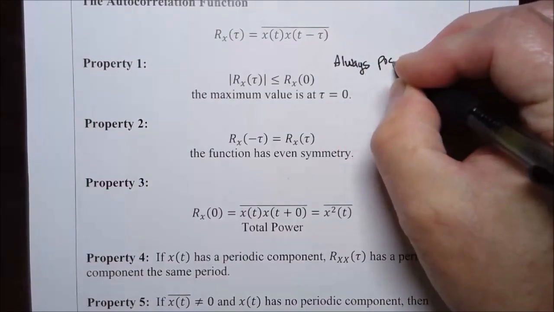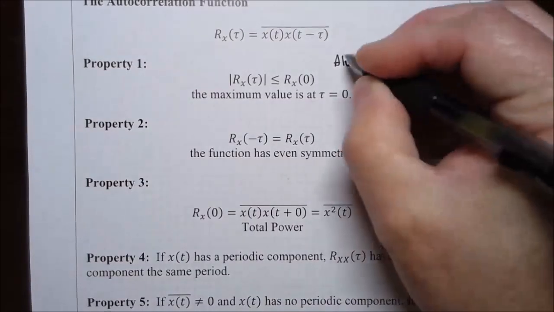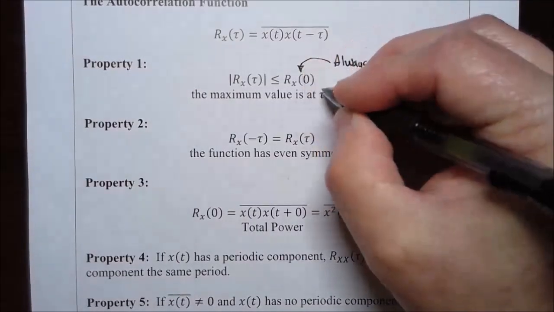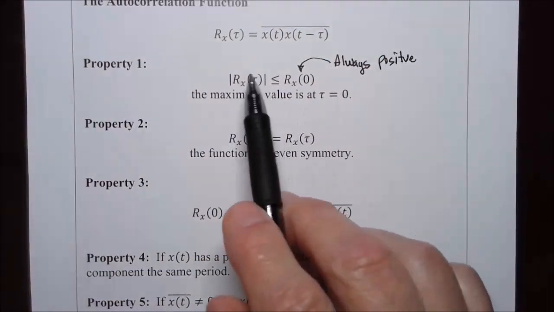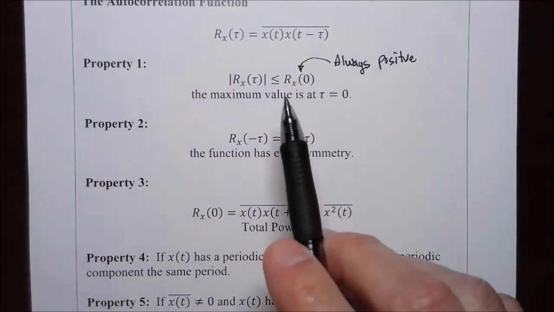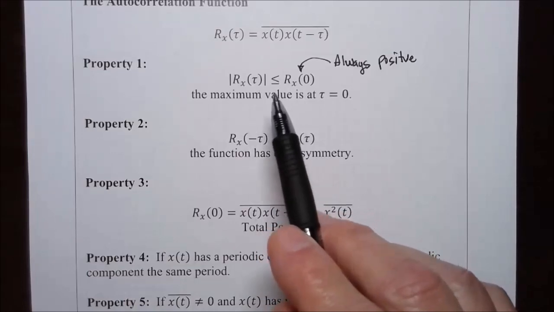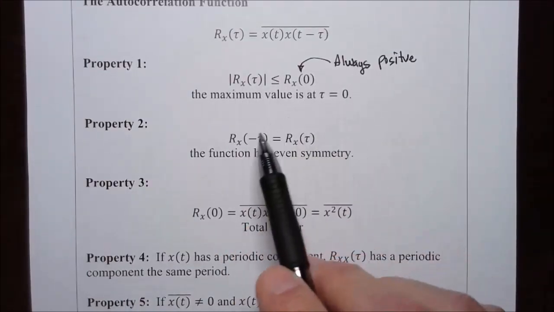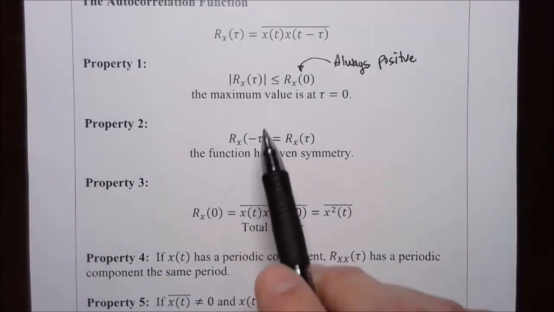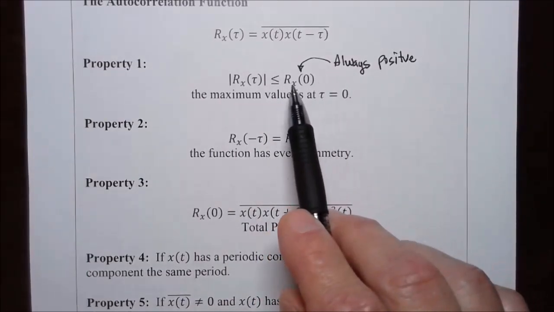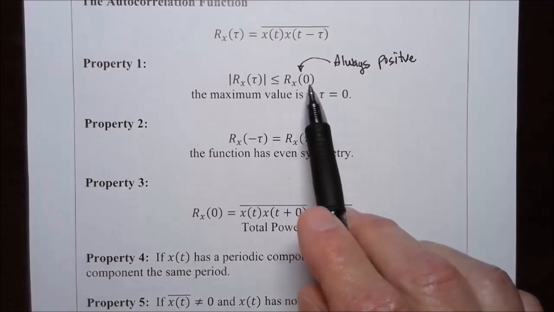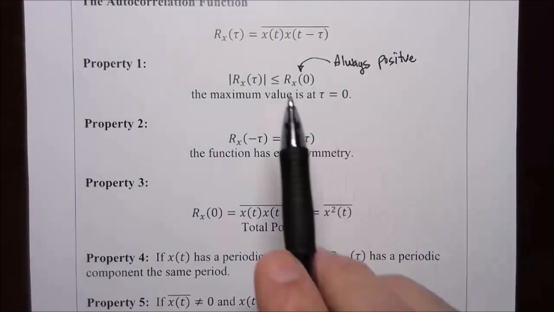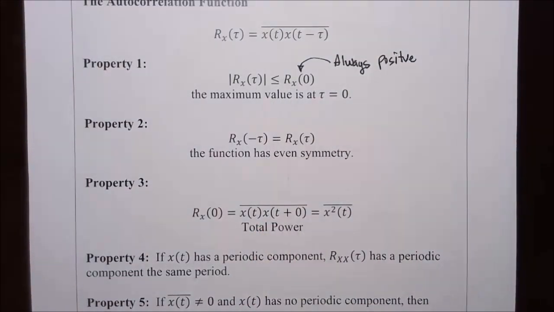Always positive. That is the value at tau equals 0. Now the autocorrelation may go negative during its course as tau changes from 0 to infinity, but the value at tau equals 0 is always positive, and it will be the maximum value.